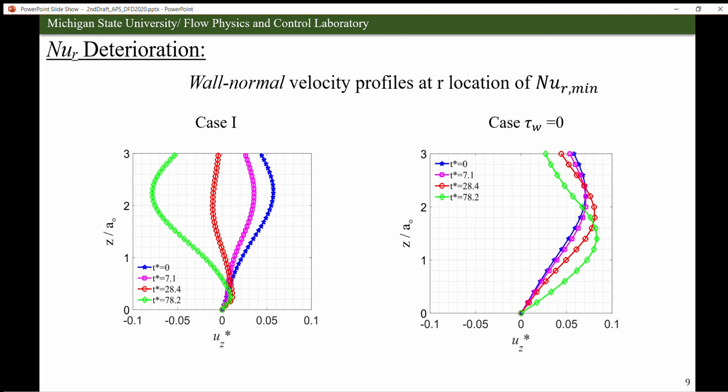Furthermore, we also plot the wall normal velocity at the radial location of minimum Nusselt number for the four time steps we explained in the previous slide. The wall normal velocity profiles are shown here for the two cases.